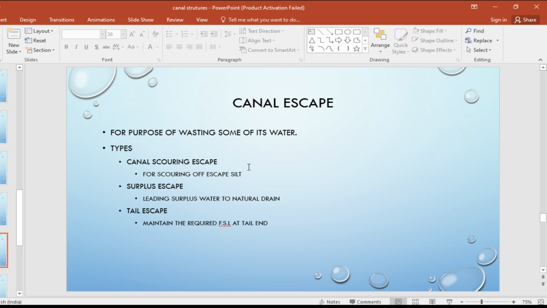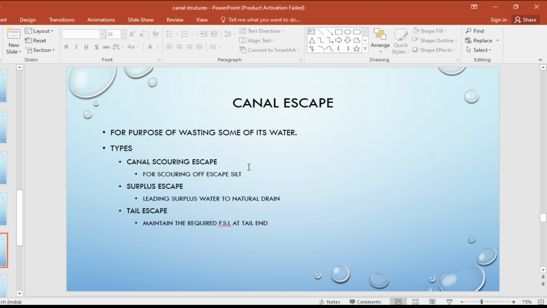Now excess supplies in a canal take place either during heavy rain or due to the closure of canal outlet by farmers. These excess supplies can take place during heavy rains, in flood-like conditions. When flood-like conditions are there, these canal escapes come into working. They help to remove some amount of water from the canal.